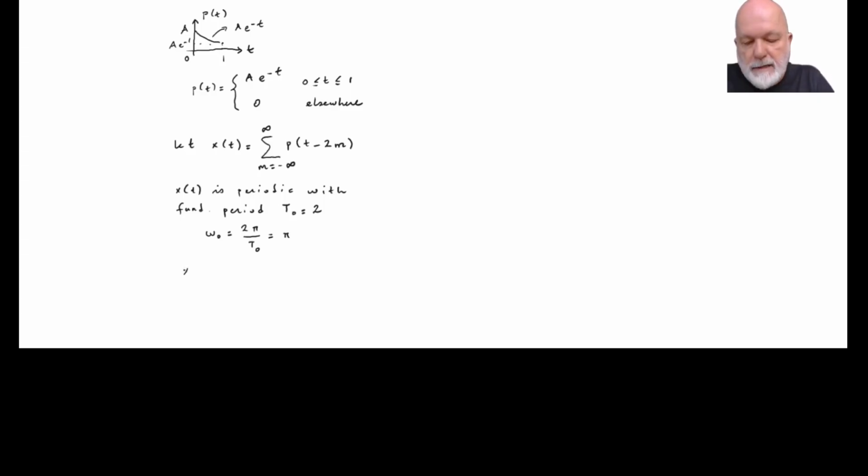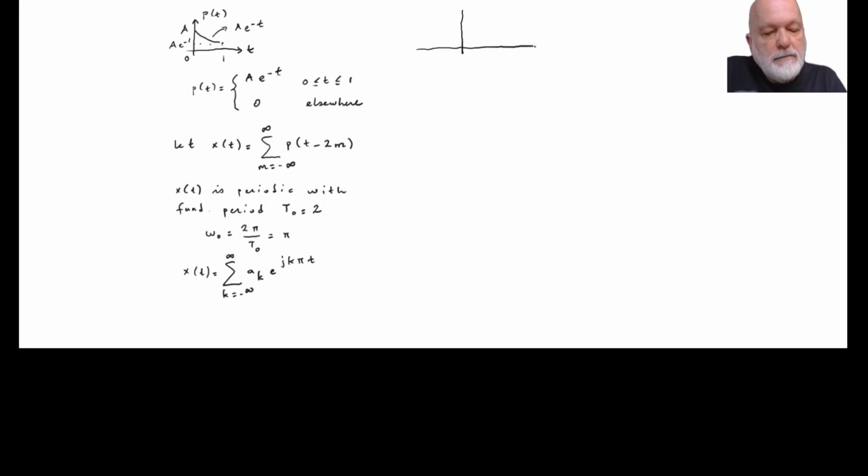Okay, so we have this periodic signal. Therefore, it will have the Fourier series representation, the sum over k from minus infinity to plus infinity of ak e to the j k omega 0 t, where omega 0 is pi, so e to the j k pi t. In fact, we can plot x of t as follows.